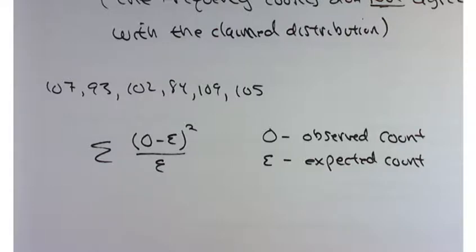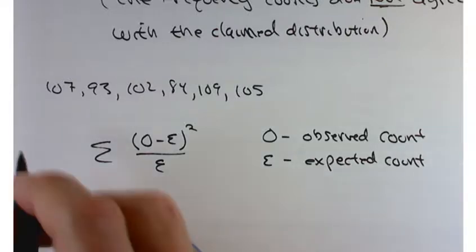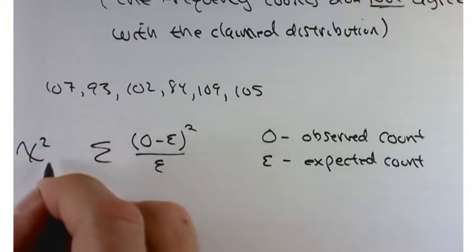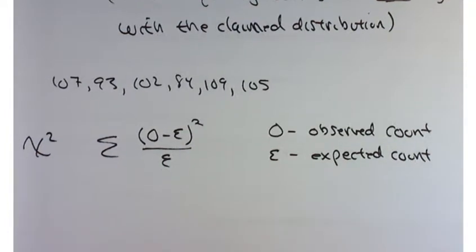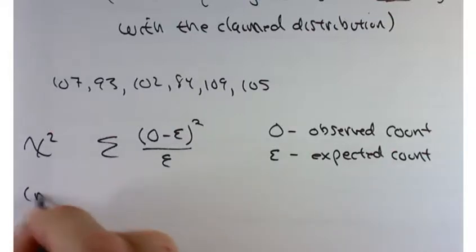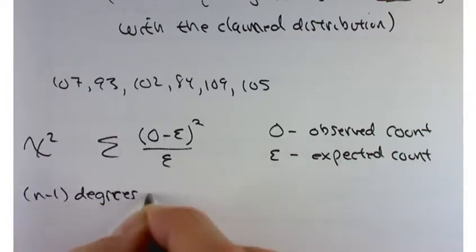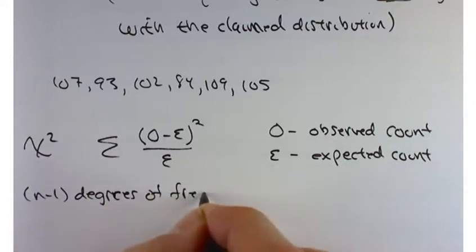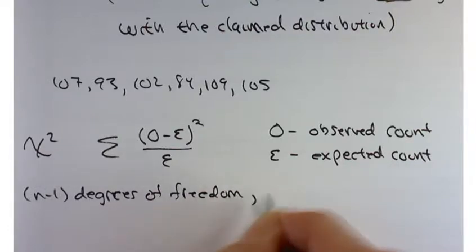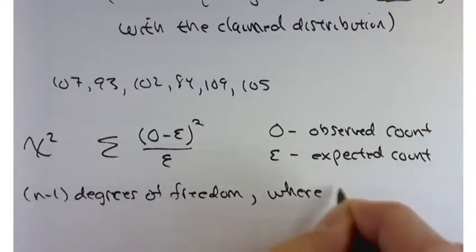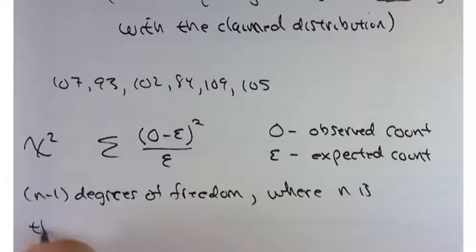The nice thing about this is that it actually gives us a chi-square variable. Your chi-square variable is going to have n minus 1 degrees of freedom, where n is the number of categories.